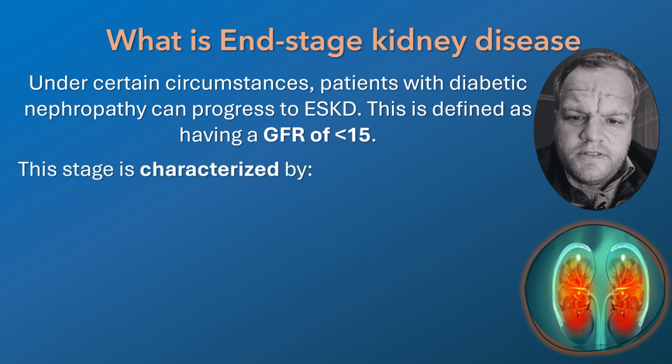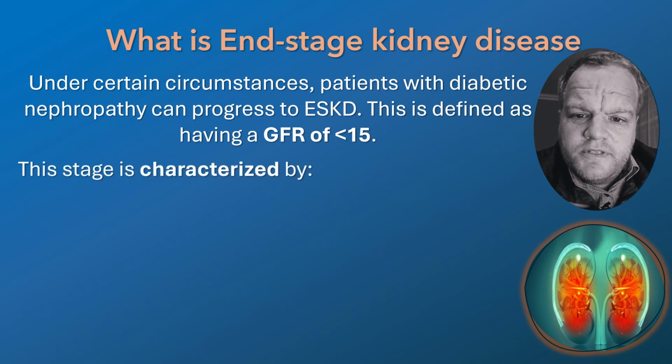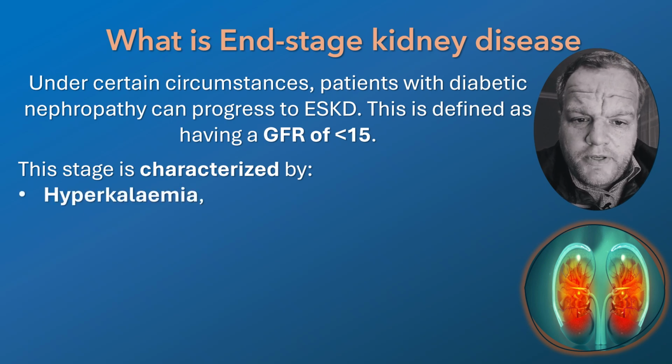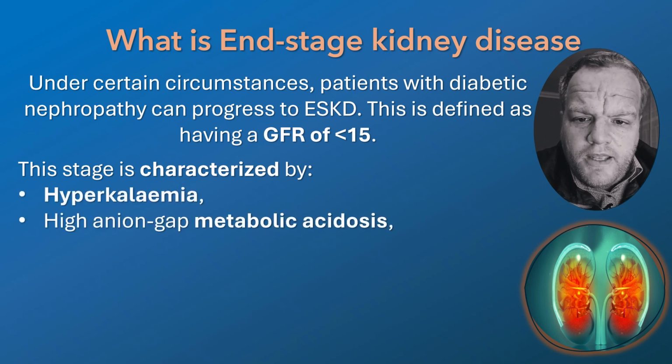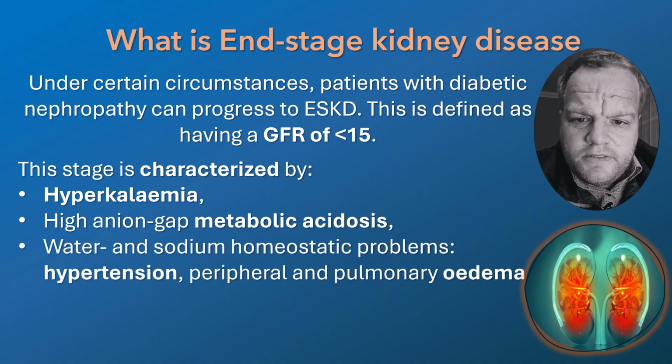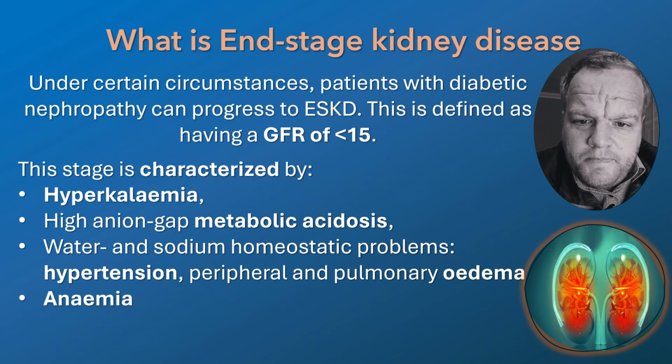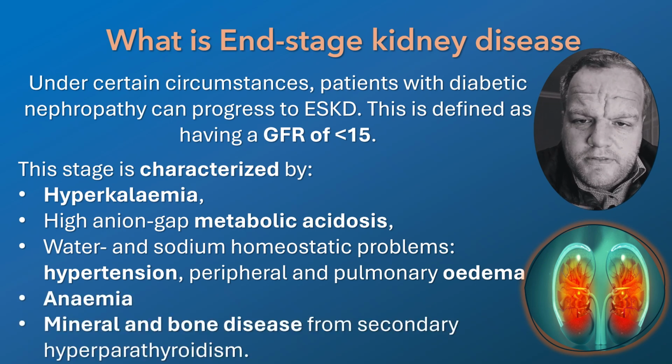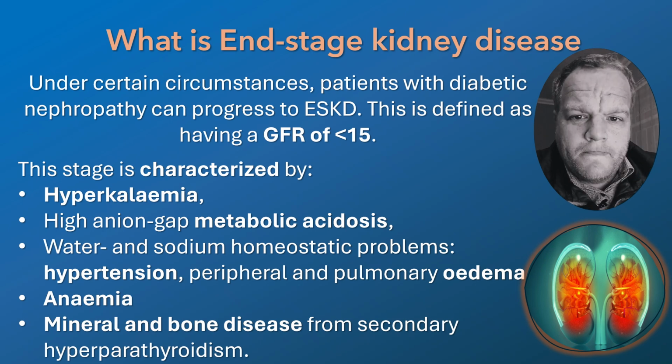This advanced stage of disease is associated with several serious complications, including hyperkalemia, a high anion gap metabolic acidosis, disruption in fluid and sodium balance, leading to peripheral and pulmonary edema and hypertension, anemia, secondary to reduced erythropoietin production in the kidneys, and also mineral and bone disorders.